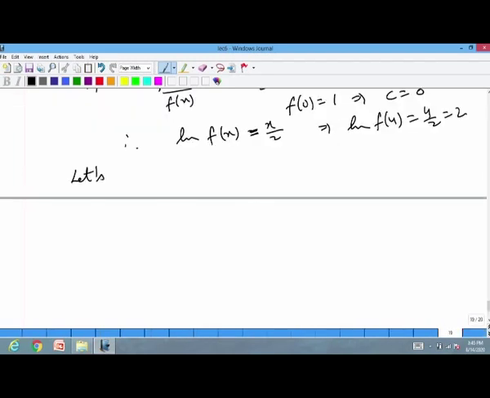So, let us check that this f x satisfies the given functional equation.